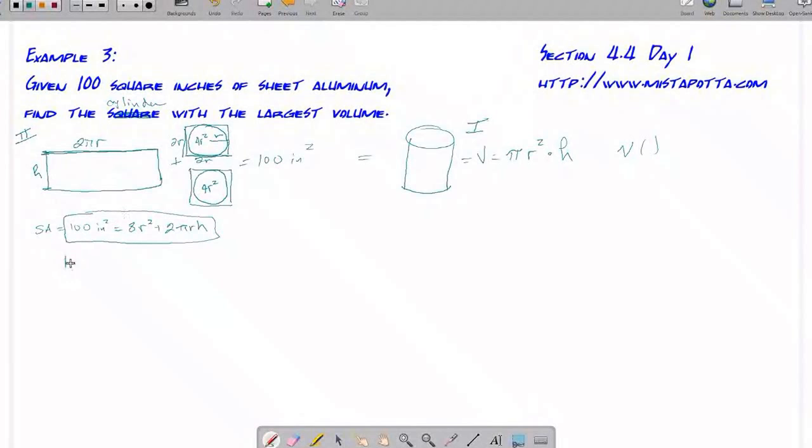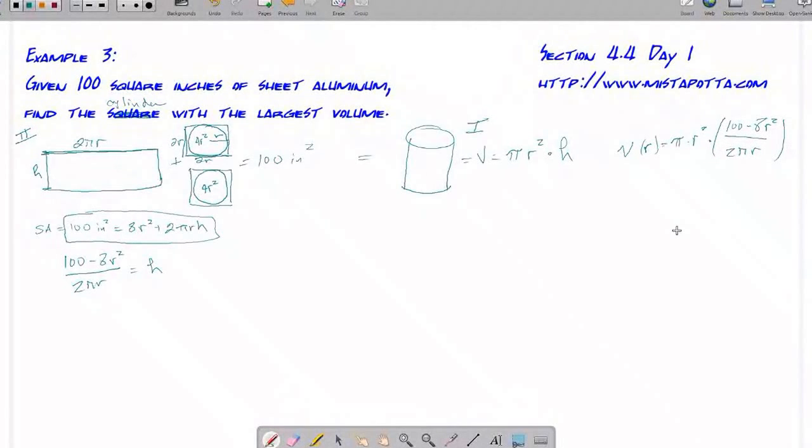So what I could do is take this 100, subtract 8r squared, and then divide by 2 pi r to find h. And so everywhere I see h in my function over here, I could make this volume in terms of r be pi times r squared times h, which is 100 minus 8r squared over 2 pi r.